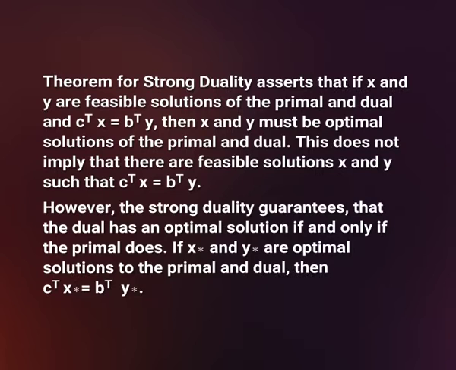However, strong duality guarantees that the dual has an optimal solution if and only if the primal does. If x* and y* are optimal solutions to the primal and dual, then c^T x* = b^T y*.